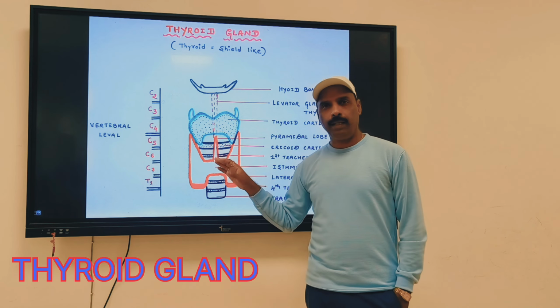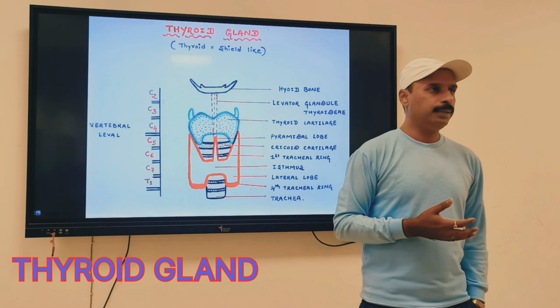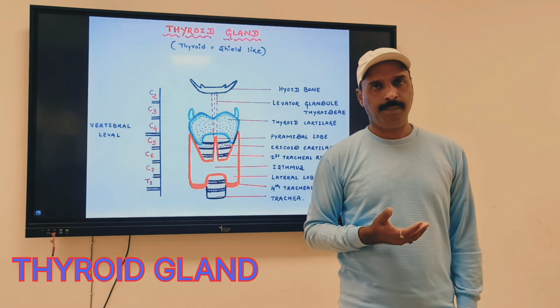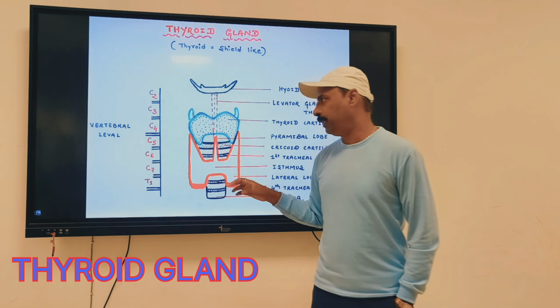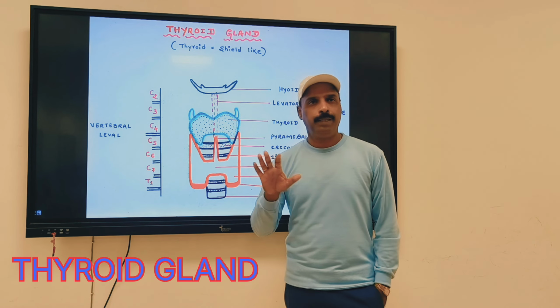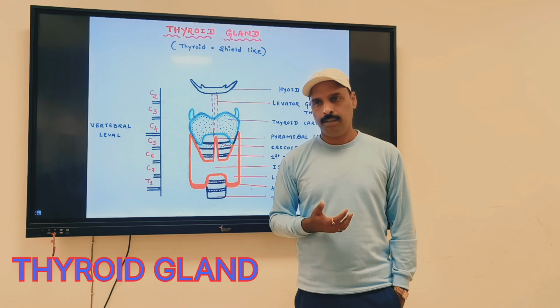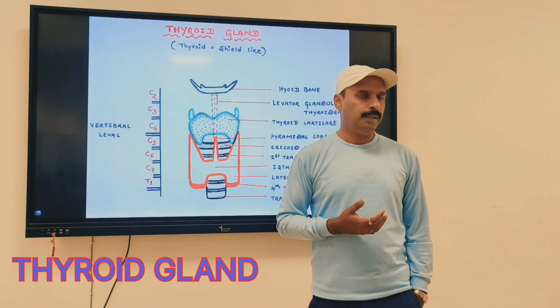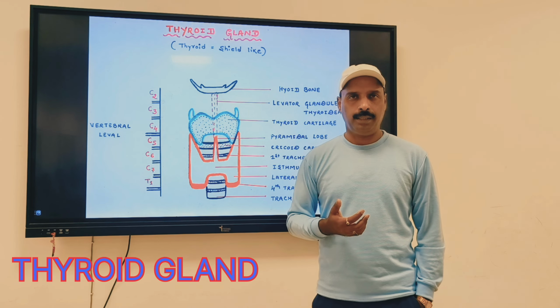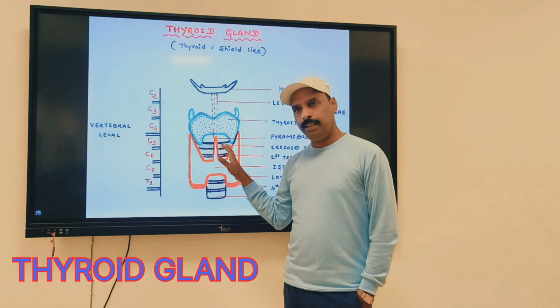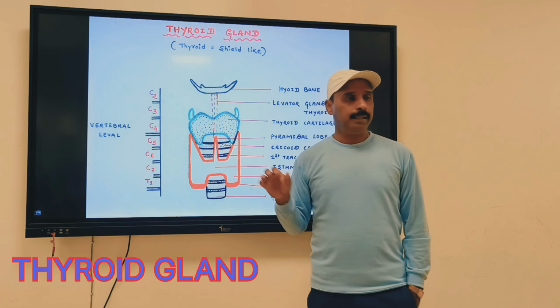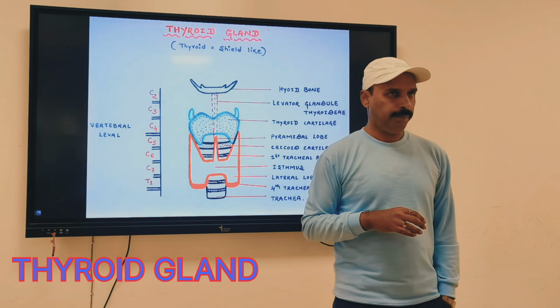The thyroid is an important gland because many hormones are secreted by it. These hormones maintain, first, the basal metabolic rate. You have to remember the functions of the thyroid: it regulates the basal metabolic rate, and it also plays an important role in psychic and somatic growth.